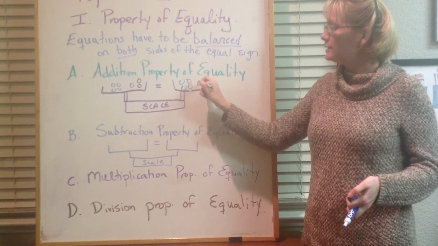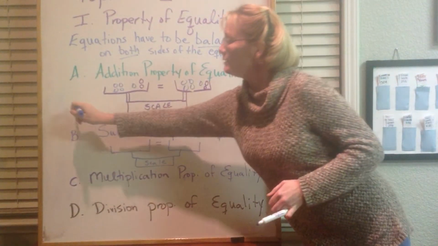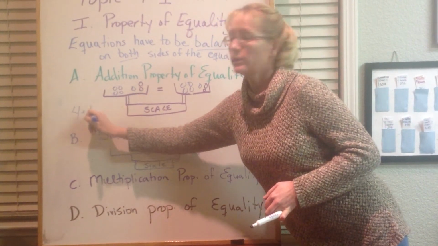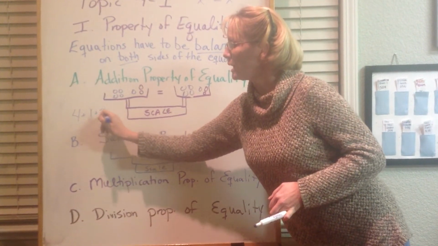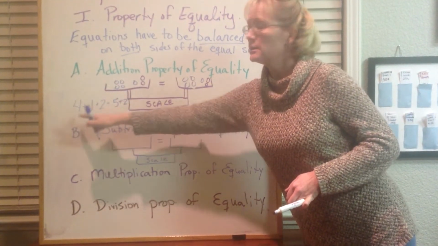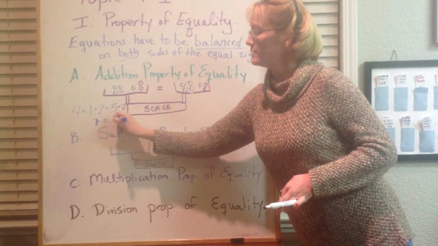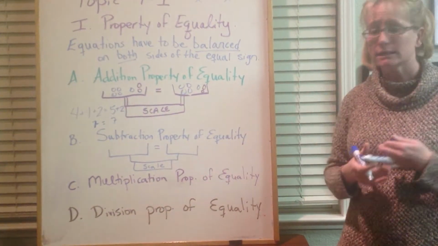I would need to add 2 more rocks. Well, let's make sure mathematically that's true. I had 4 rocks, and then I had 1 rock, and then I added 2 more rocks. Is that the same as my 5 rocks plus 2 more rocks? 4 plus 1 is 5, 5 plus 2 is 7, and 5 plus 2 is 7. Yep, my scale is still balanced.